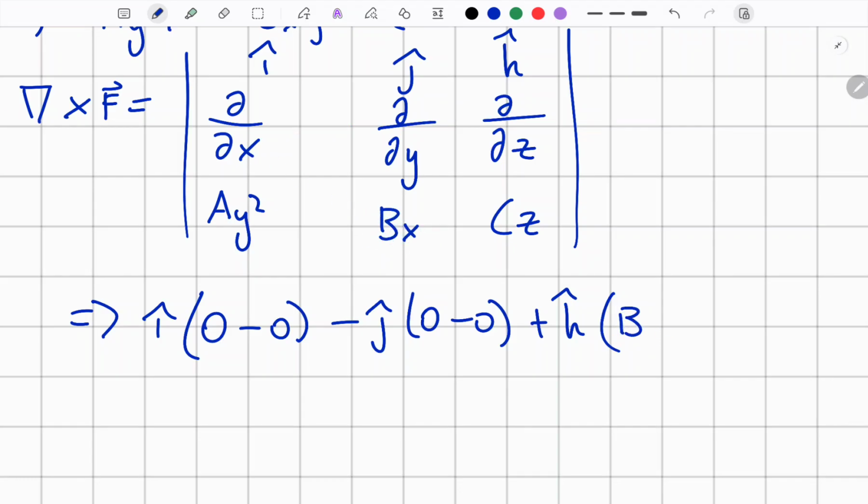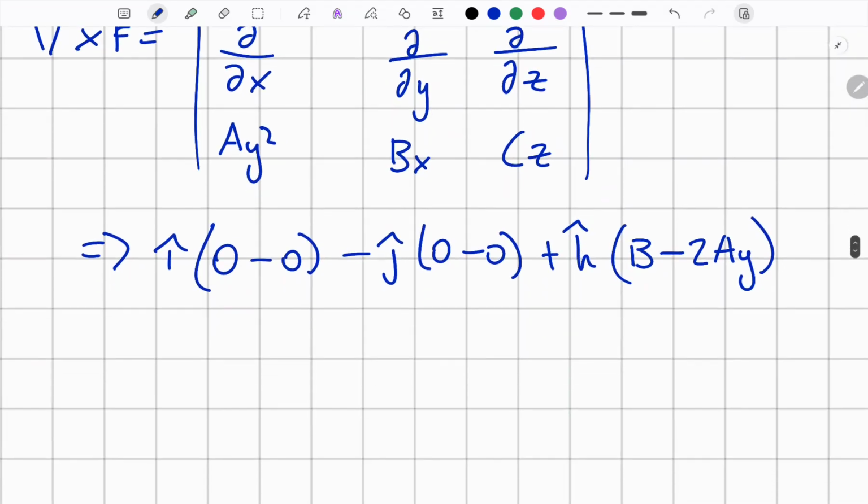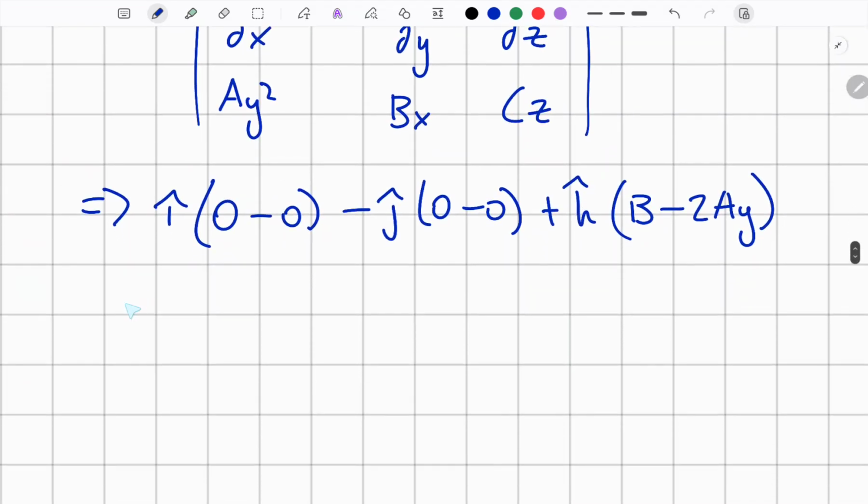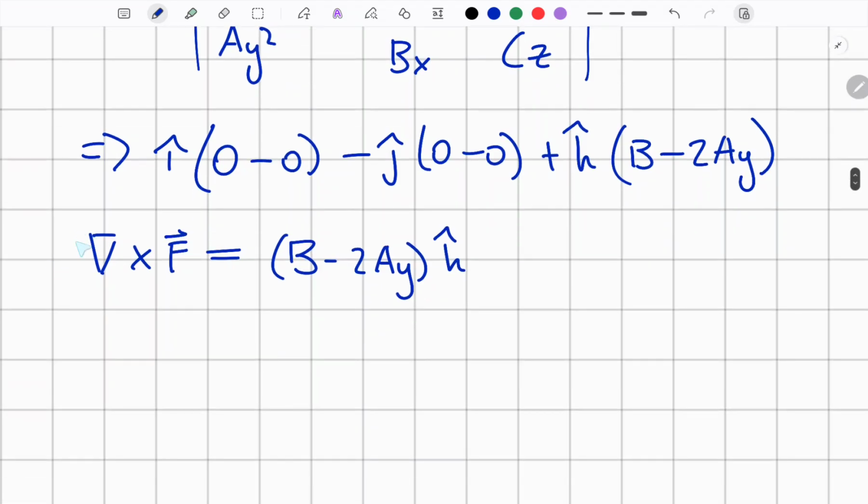We're just going to have that constant b. As stated in the problem, b was a constant. This with respect to y is going to be minus 2ay. So we're subtracting 2ay. So that means that our curl, in this case, is b minus 2ay in the z direction on that k unit vector.